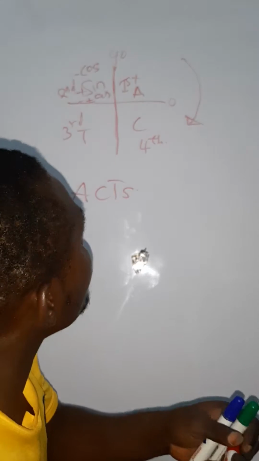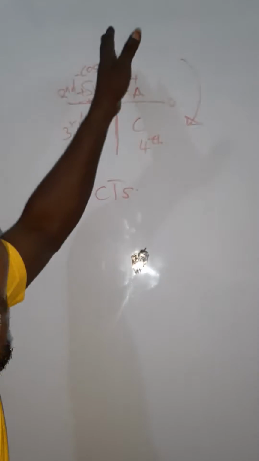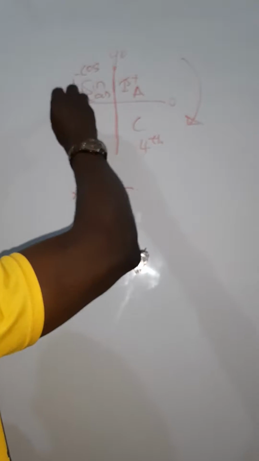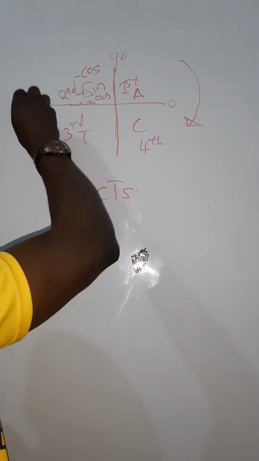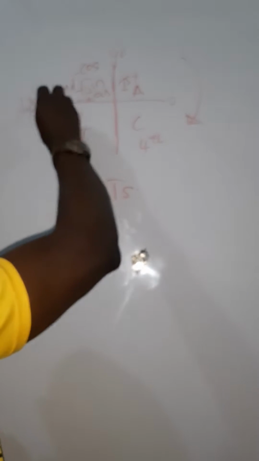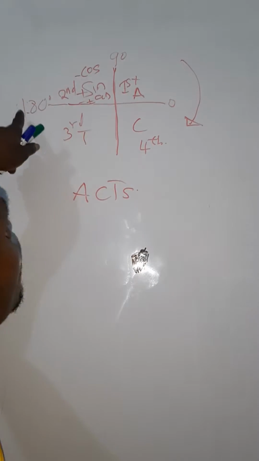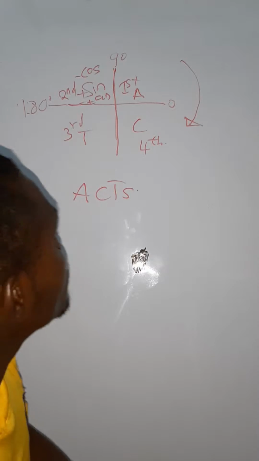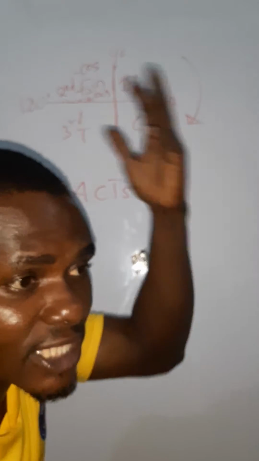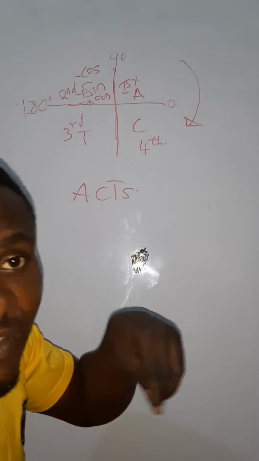So which means any number from 91 to 180, from here to here, any number you press from 91 to 180 is going to give you positive when you press sine. Press sine 91, sine 92, sine 93, sine 94 until 180, you will be having positive.